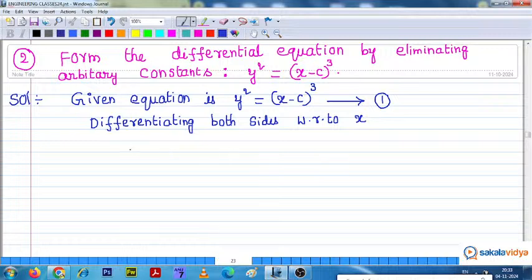Okay, let us differentiate. So d by dx of y square is equal to d by dx of x minus c whole cube.